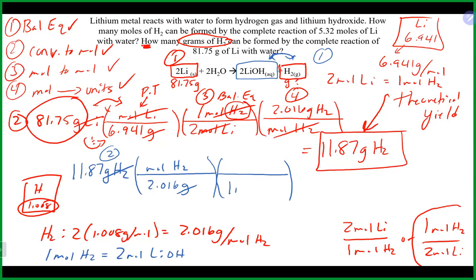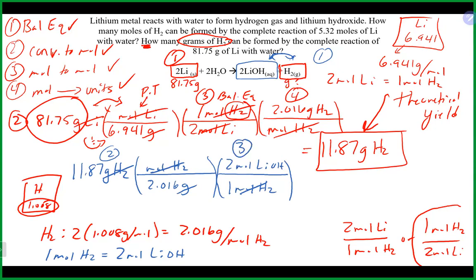The 1 mole of H2 will go on the bottom. The 2 moles of lithium hydroxide will go up on top. The moles of H2 cancel at this point. If I just want to know how many moles of lithium hydroxide, I would be done, right? But here I want to know maybe how many grams. So that was our third step, the stoichiometry step between the 2 products.